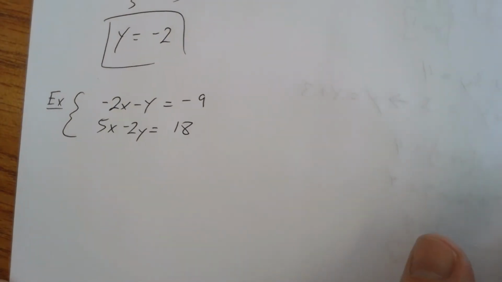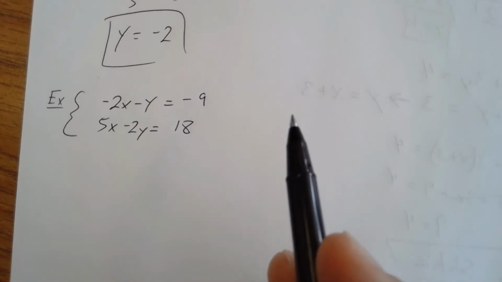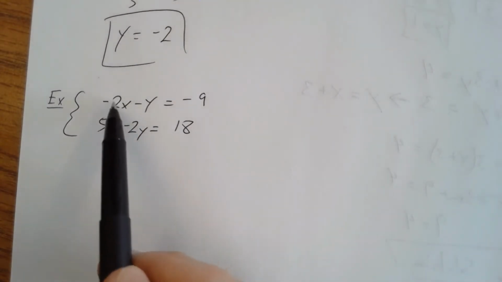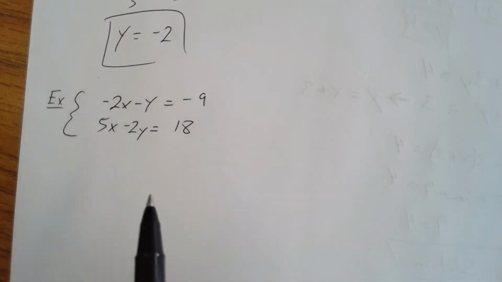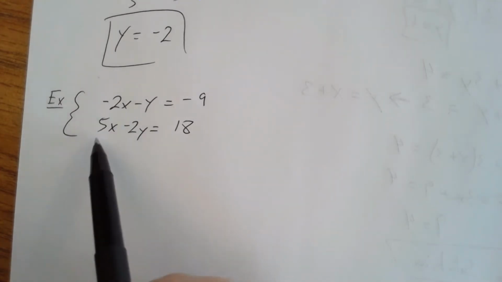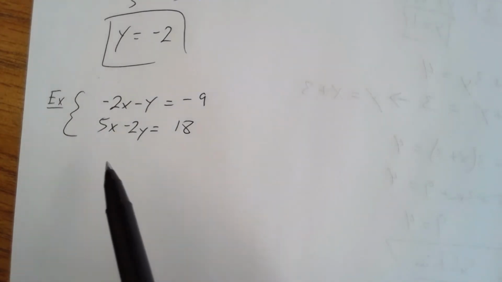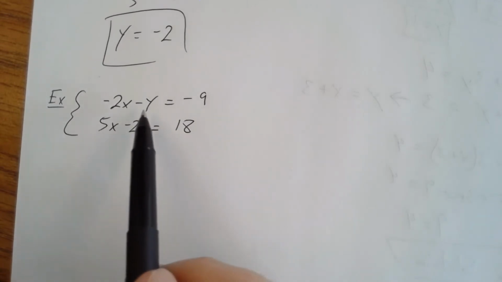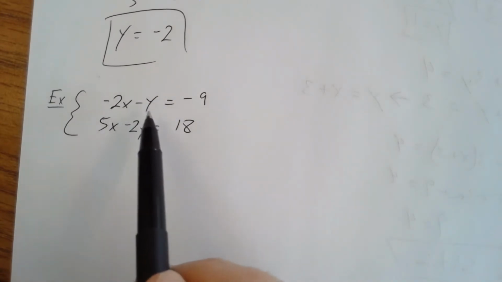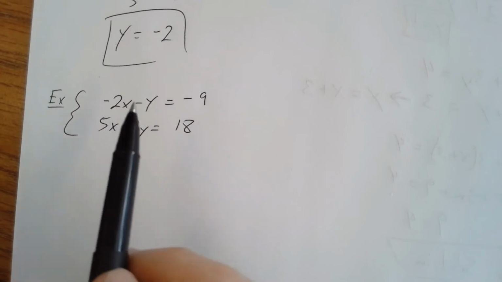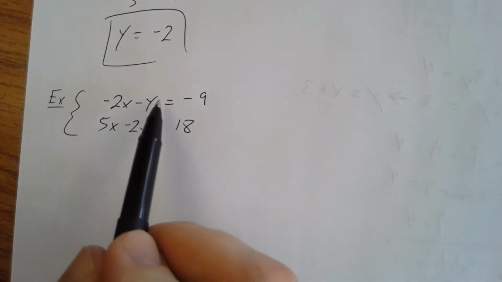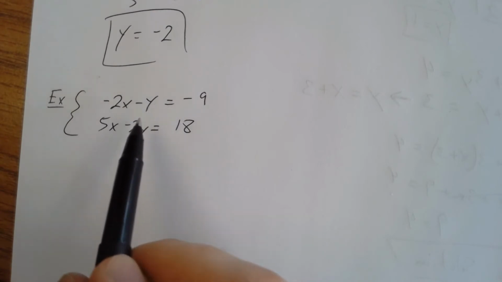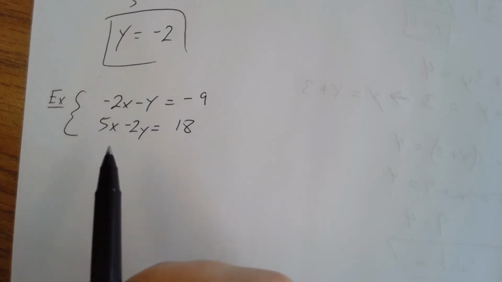Now, for me to solve this set, there are a couple of options. The idea is I want to add two variables together, in this case the x's or the y's, such that either the x's cancel out or the y's cancel out. In this situation, it looks easier to deal with the y, because if I multiply the whole equation by negative 2, that'll change this y to a positive 2y, and when I add it to this, it'll just cancel out.